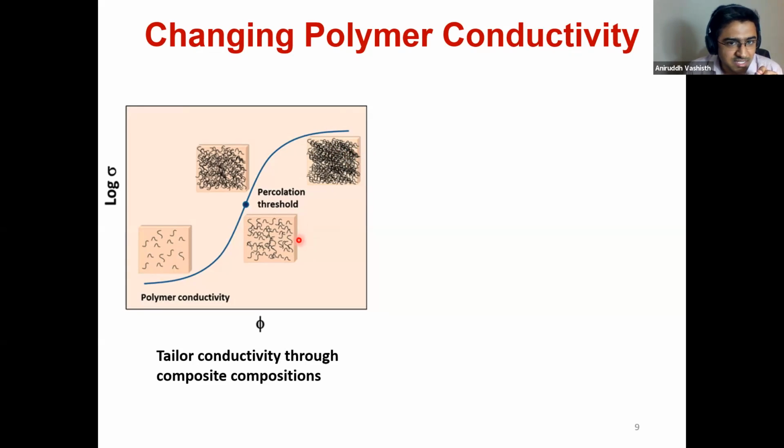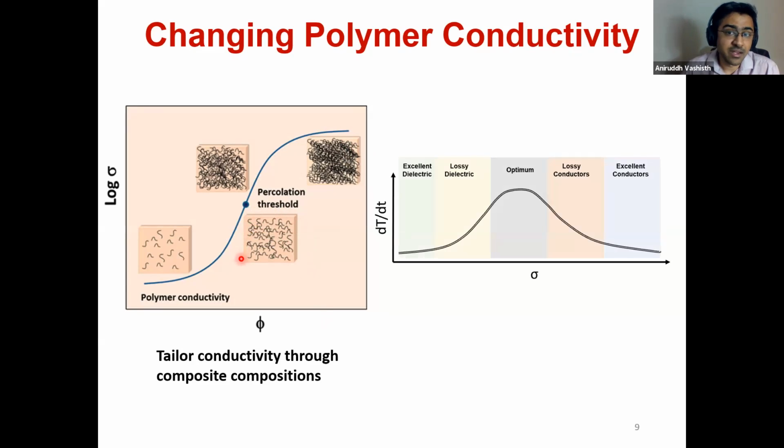And in this curve, you'll see there's one point called the percolation threshold. What it basically means is that at this point, if you start off from one end of the polymer, you can just keep on walking on these nanofillers and get to the other end. So if there's an electron that wants to get from this point to this point, it'll have a straight path to get to the other end.